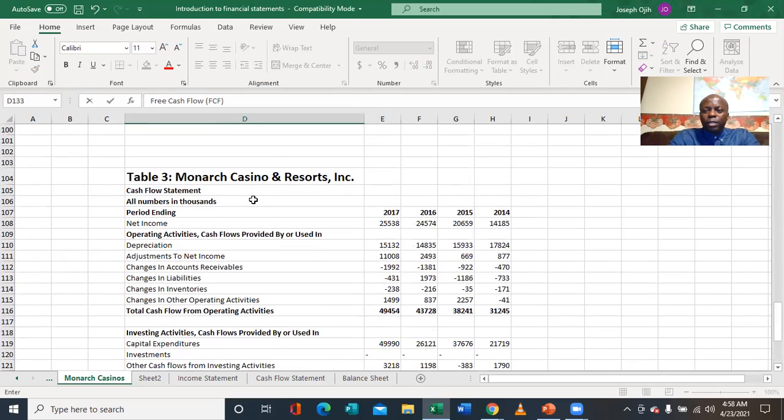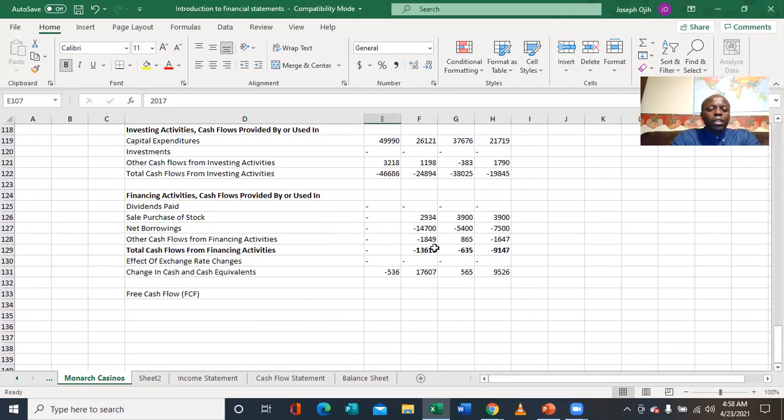This is the cash flow statement for the years they're giving us, 2017 all the way to 2014. One good thing about Excel is you do one calculation, you can copy the formula and it will do the rest of the calculation for you.